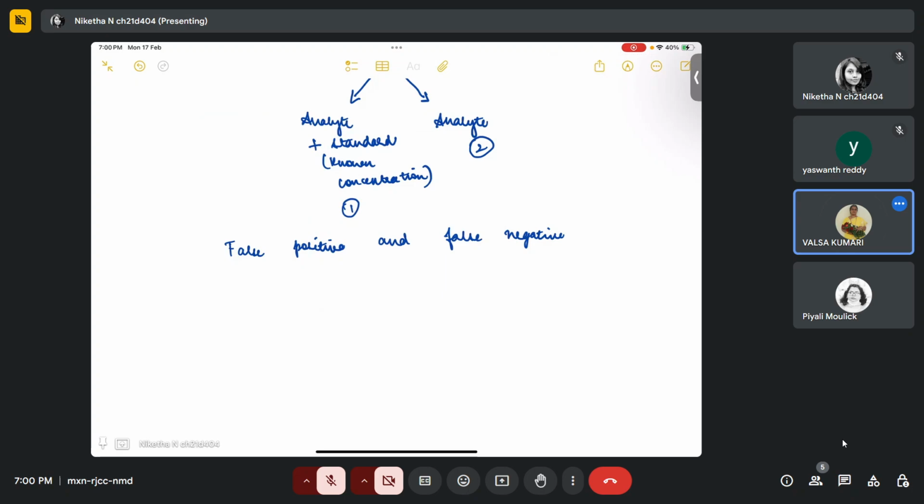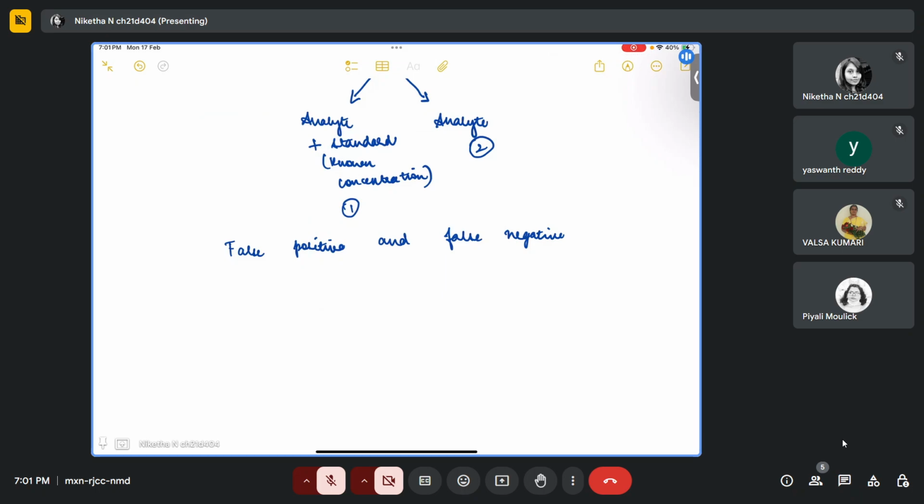Sometimes the analyte may also evaporate along with the solvent. Sometimes maybe the analyte will get absorbed into some part of the instrument, so then it will become a negative. Or sometimes there could be some accumulation from previous analysis.